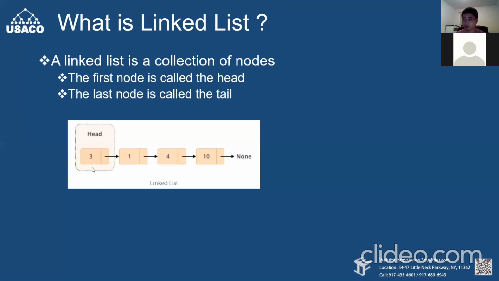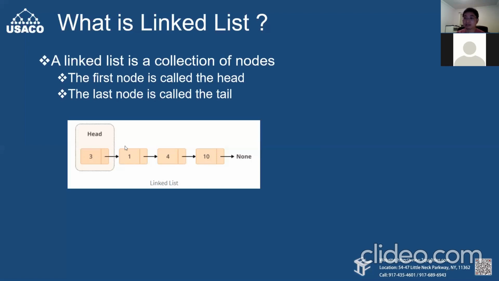Okay, look here. The first node, we also call that head. The value is 3. Its next pointer is pointing to the second node, whose value is 1.